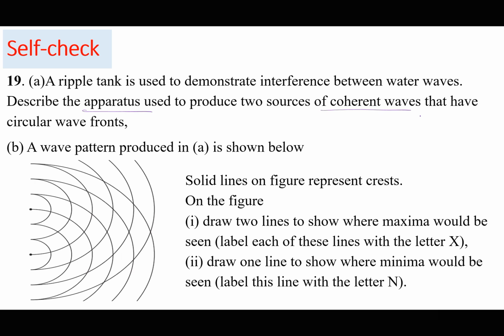A wave pattern produced in A is shown. Solid lines on the figure represent crests. Draw two lines to show where maxima would be seen. So maxima are found at points where the crests are meeting. For example, 1, 2, 3, 4. So I will draw a line through these ones.